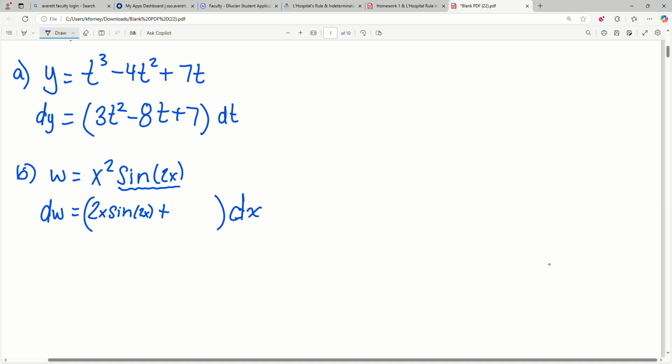The chain rule says that the derivative of sine of 2x is 2 cosine 2x. But you're also having to incorporate the x squared, so I would write that as 2x squared cosine 2x.